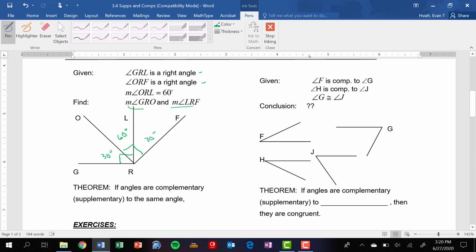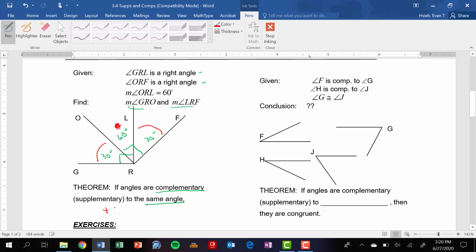So the theorem that comes out of this is that if angles are complementary, so they add up to the same angle, can you see that this angle here and this angle here are complementary to this same angle, this middle angle?